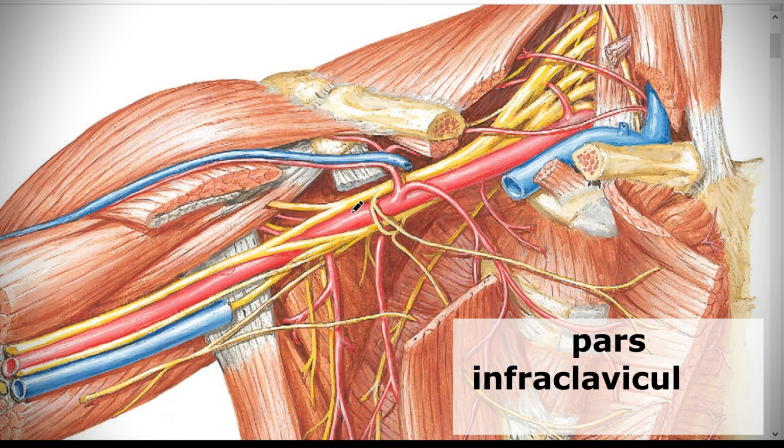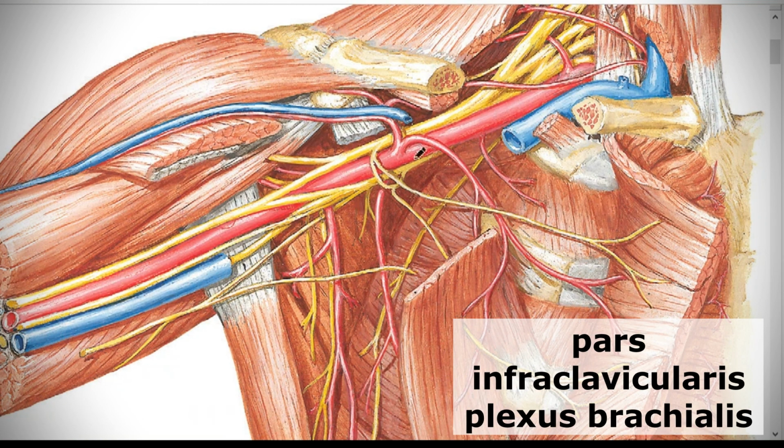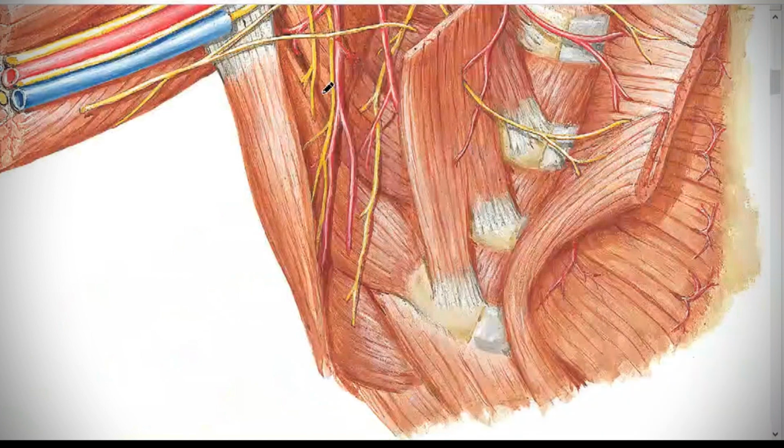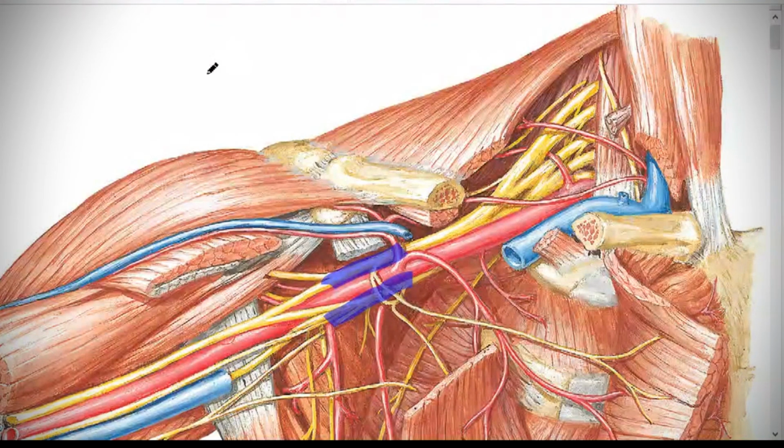And one bundle is situated to the middle, another laterally, and third behind. So that's why we have fasciculus medialis, fasciculus lateralis, and behind will be fasciculus posterior. So this is what brachial plexus consists of. This is its topography.